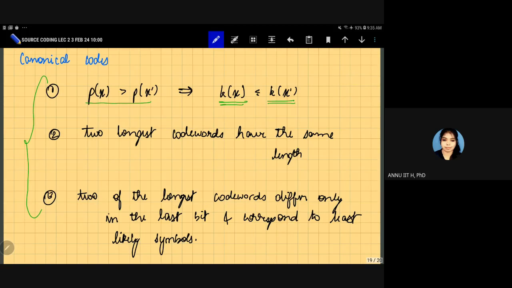Isn't it the case that this optimal code has to satisfy all the properties of the canonical code, in addition to minimizing the expected length? Not necessarily. You can have an optimal code which is not canonical. After showing this, I'll come back to that point. I'll give an example of a code which is not canonical but is optimal. Okay, sir.